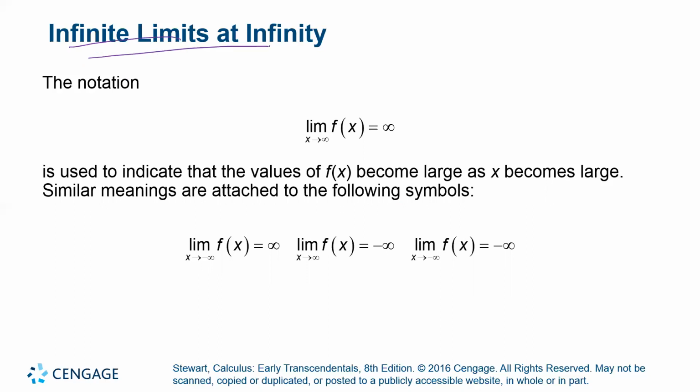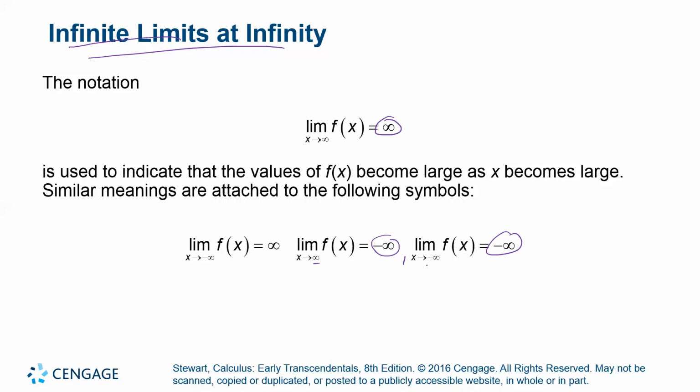The infinite limit at infinity means that if I take a function f of x and let x go to positive infinity, I get a large value. Or if x approaches negative infinity, I could get positive infinity, or I could get negative values that get bigger and bigger.